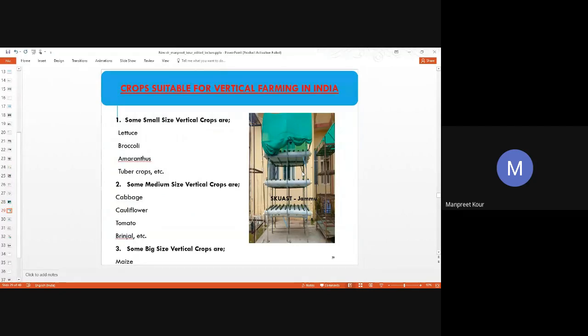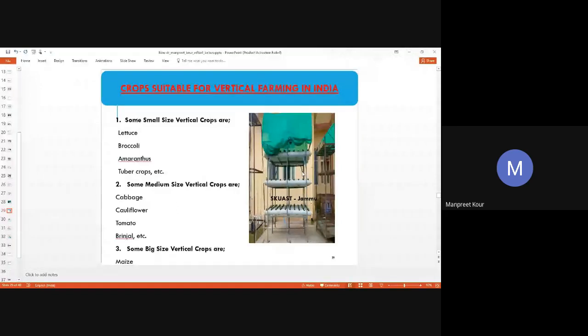The crops suitable for vertical farming are mostly green leafy vegetables. Some medium vegetables like cabbage, cauliflower, tomato, and brinjal are also supported, and then bigger crops. We have also put our hand to fodder crops like maize and sorghum. Hydroponic fodder is now introduced, and it has very great nutrient value.